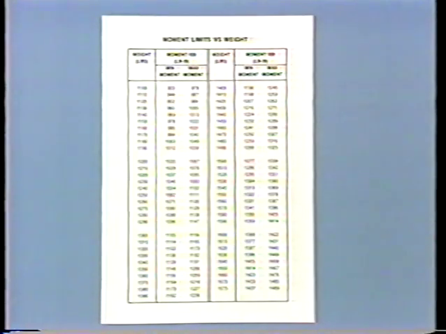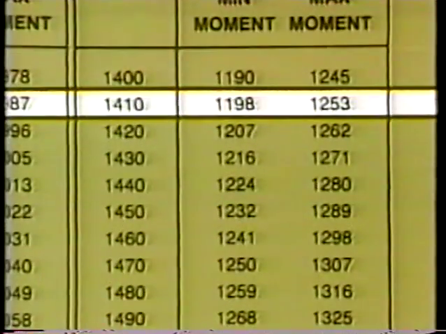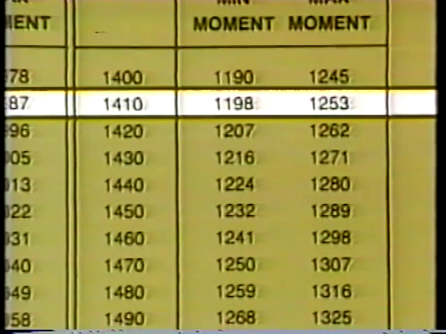To determine if the airplane is loaded within the center of gravity limits, let's refer to the moment limits versus weight table. Locate the zero fuel condition weight, 1,410 pounds. The moment index of 1,248 must be within the minimum moment index of 1,198 and the maximum moment index of 1,253.